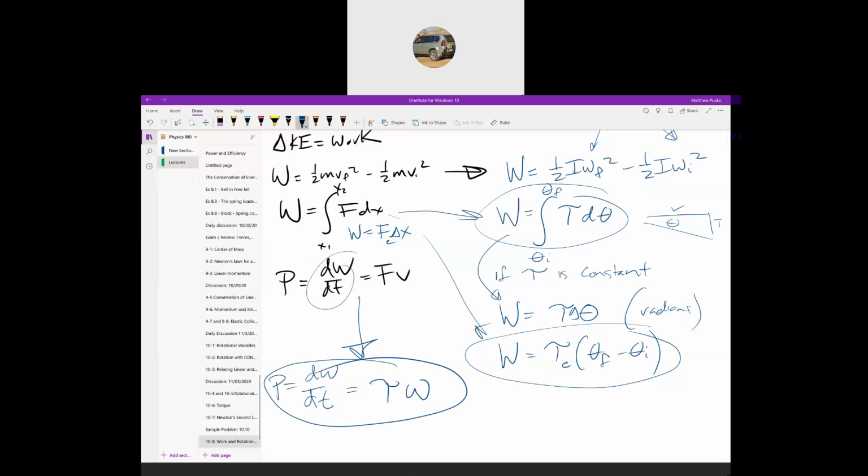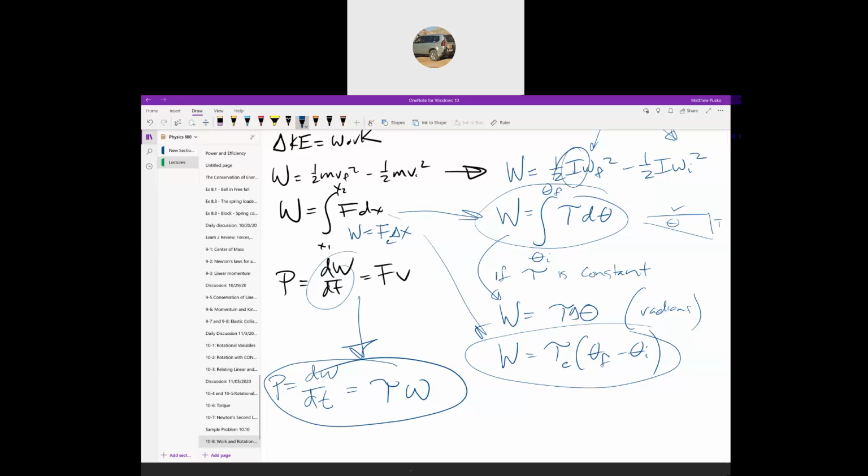So it just gives us three new equations for rotations that we can use that have to do with work, rotational kinetic energy, and instead of force, we're dealing with torque. Just know that if something's rotating, we're typically going to deal with the moment of inertia, not just the mass, but how it's distributed.